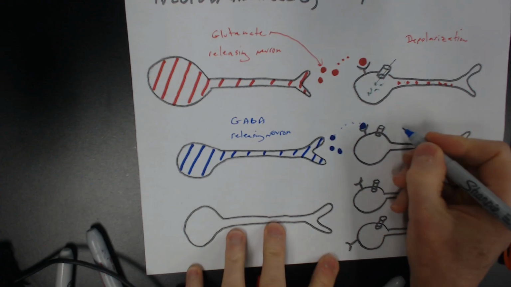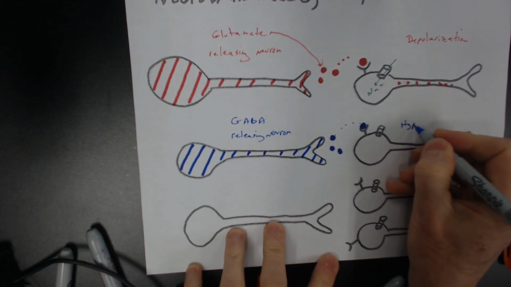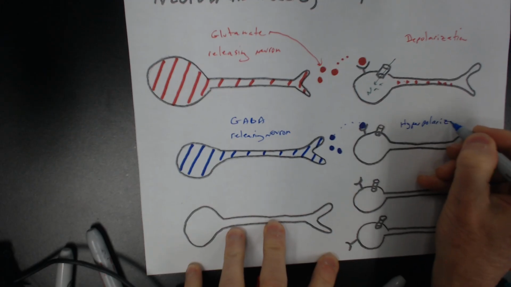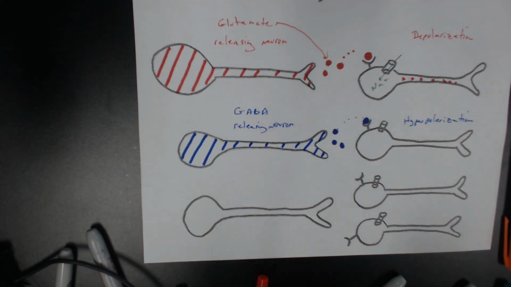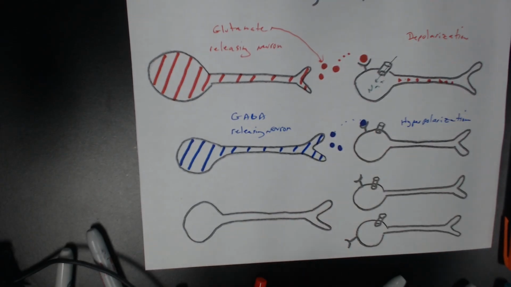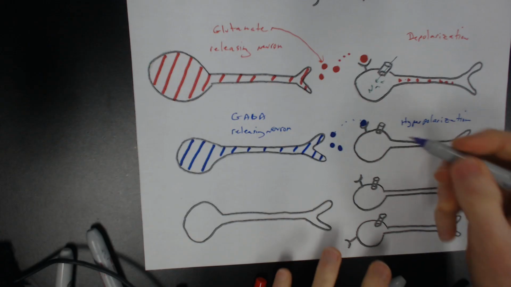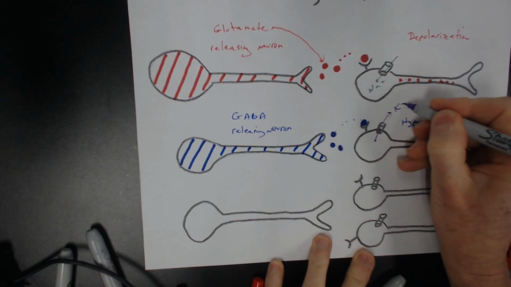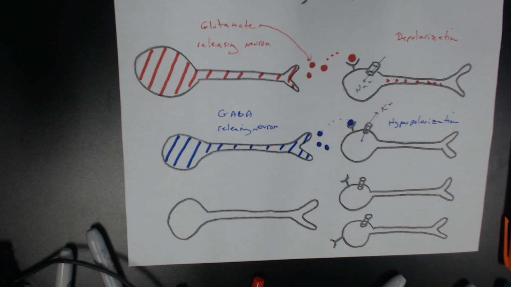So it's going to make it harder to fire. So when GABA binds to its receptor, potassium channels open and potassium rushes out of the cell, making that cell more negative, or less likely to reach threshold.